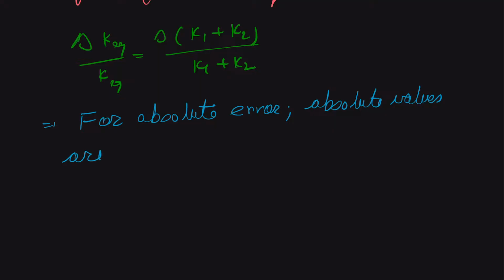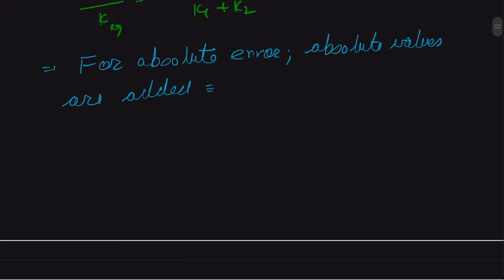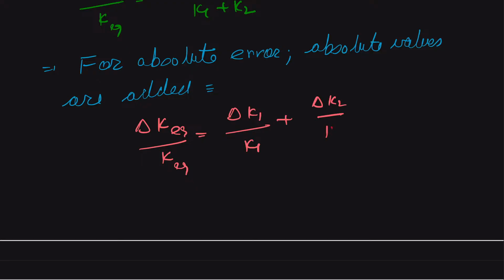Therefore, we can write that delta K equivalent upon K equivalent is equal to delta K1 upon K1 plus delta K2 upon K2 plus delta K1 plus delta K2 divided by K1 plus K2.